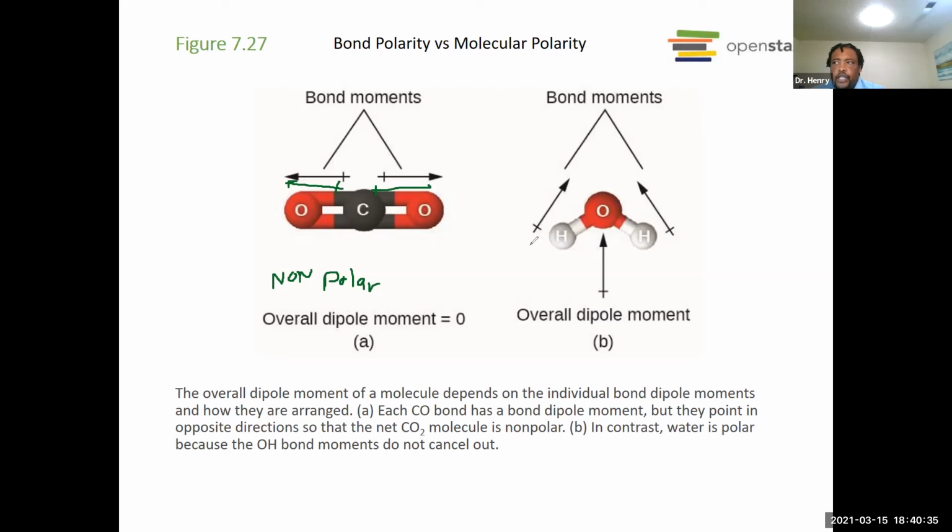In this case, your dipole moment is going to be moving towards the oxygen, and so this is going to be a polar molecule, whereas this one is going to be a non-polar molecule. Does that make sense? In this situation, these are canceling each other out since they're going opposite directions. Since these are going in the same direction, they're going to be adding towards each other.